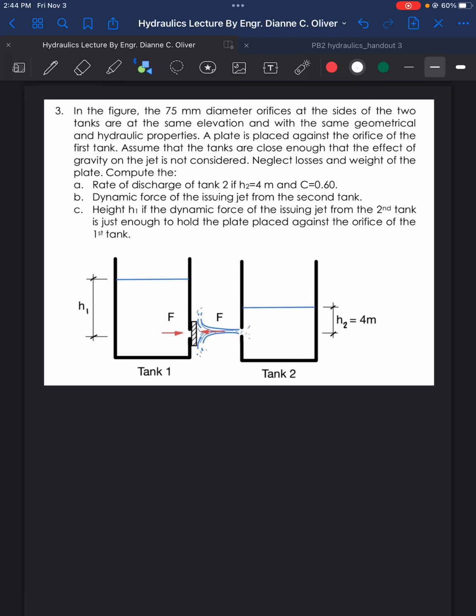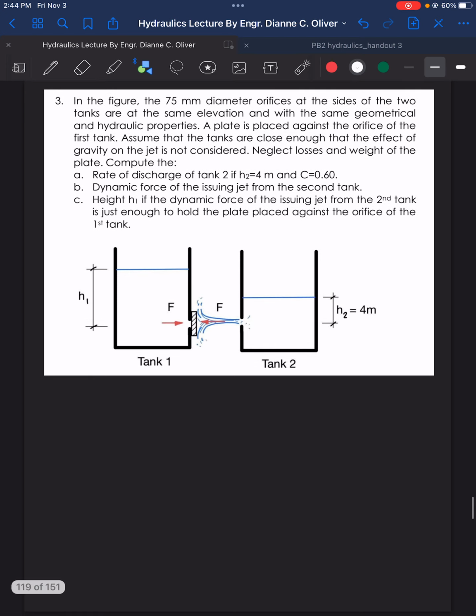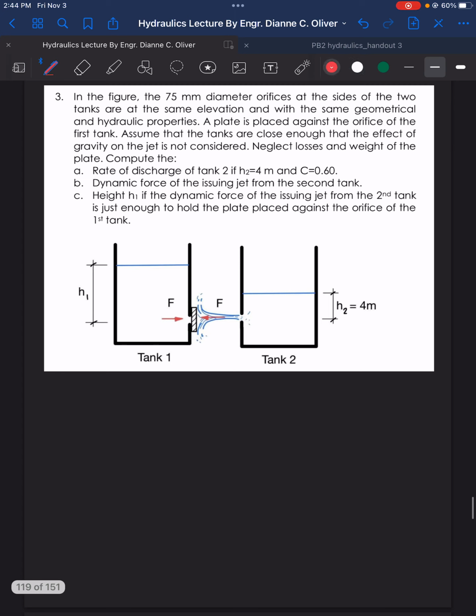So we have here the last, example number 3. In the figure, the 75 millimeter diameter orifices at the sides of the two tanks are at the same elevation and with the same geometrical and hydraulic properties. So it's talking about the orifice here of the two tanks.